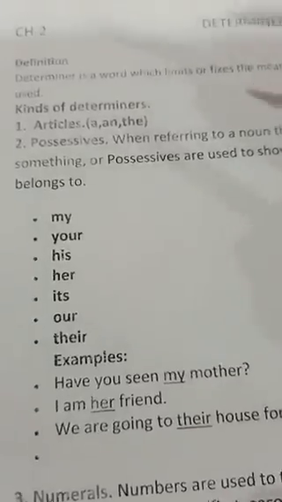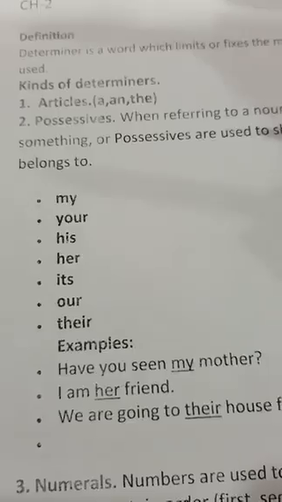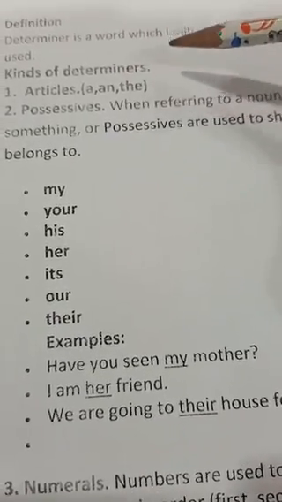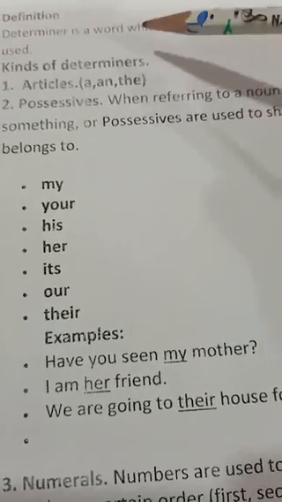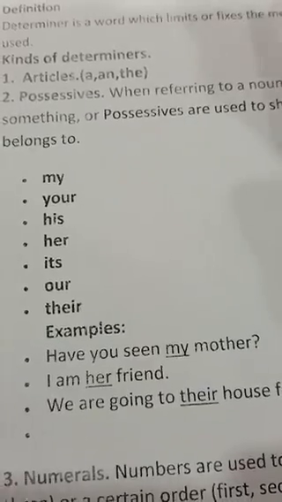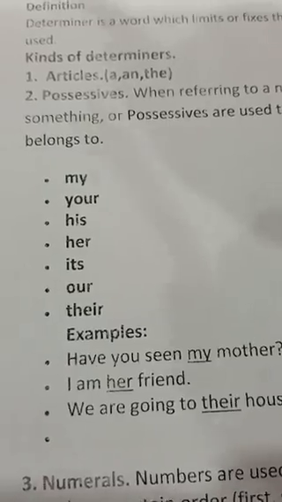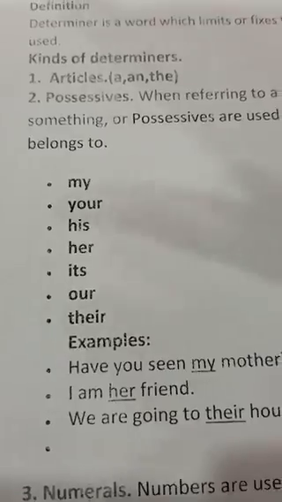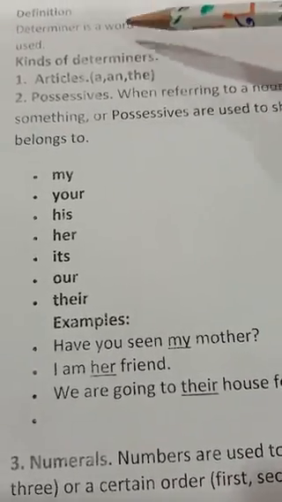Now let us go to the first kind of determiner, that is articles. A and the are your first kind of determiner. We have already discussed articles in your previous video, where and when you will be using a and the, so we will not discuss articles much.